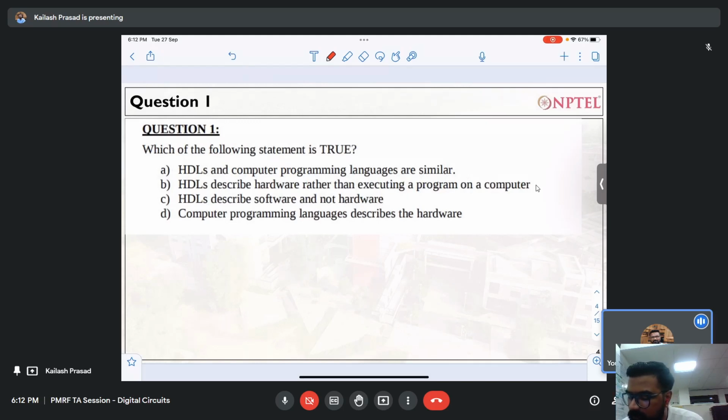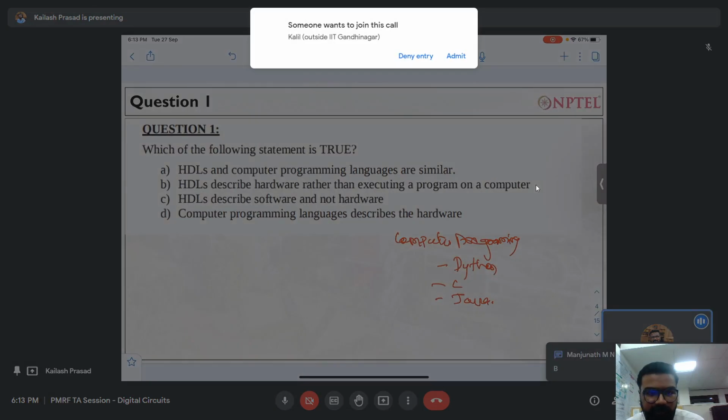When I'm talking about computer programming languages, I'm talking about Python, C, Java. So that's the first statement. The second is HDLs describe hardware rather than executing a program on a computer.